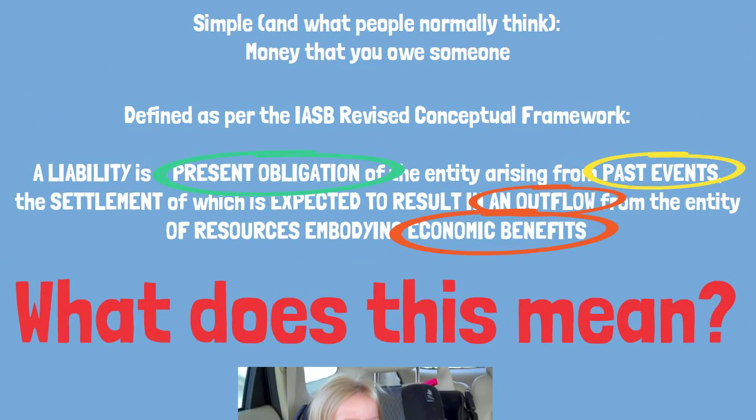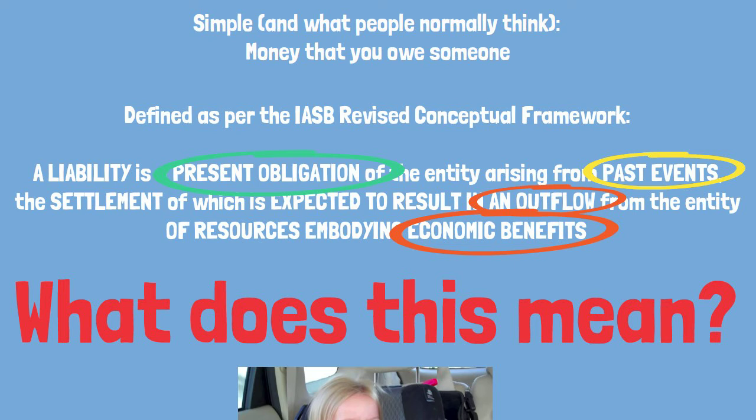But essentially all it's saying in that sentence is there is this two-way flow. It will result in an outflow of something from a company, and that outflow must be of economic benefit to the recipient company. Okay? So that's what that term economic benefit means.